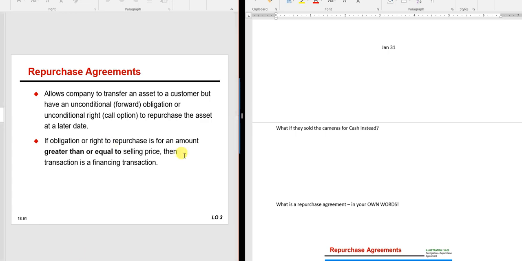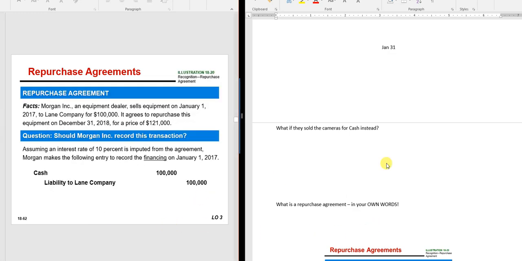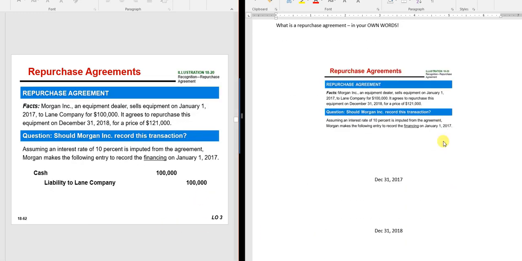So, if the obligation or right to repurchase is for an amount greater than or equal to the selling price, then the transaction is a financing transaction. Okay, so in your own words, it's a loan. It's a loan where I hold your car hostage. Okay, so we're going to go through one of these.